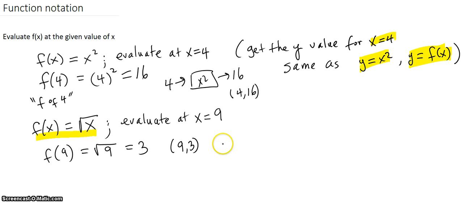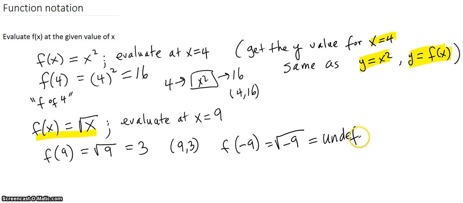Now, interestingly, if we were on this same square root one, if we would put negative 9 in, that would be the square root of negative 9, which would be not in the real number system, so undefined, not in the real number system.